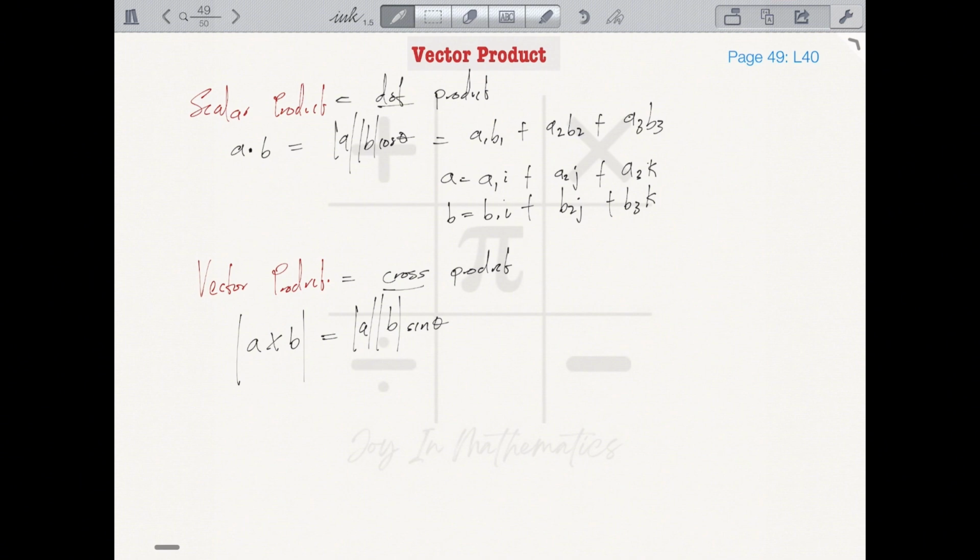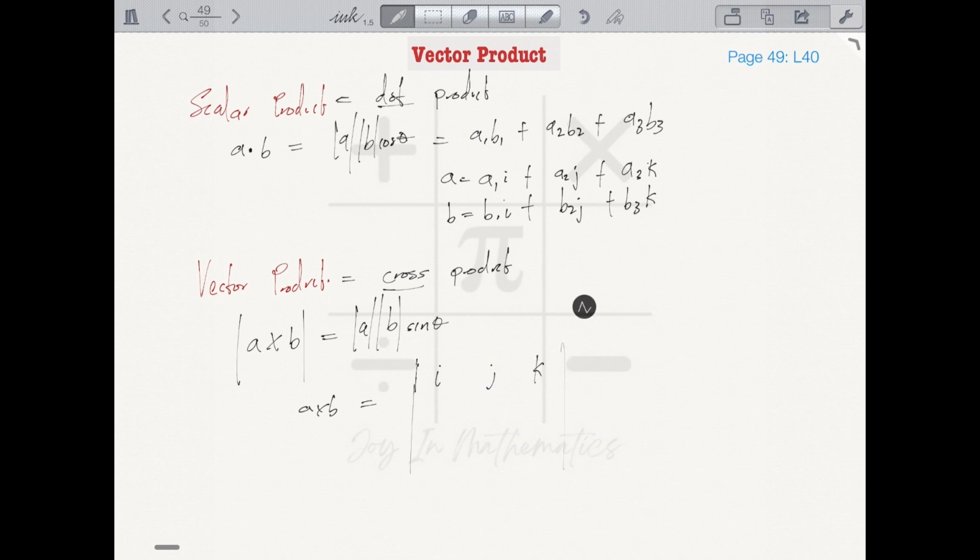Now, the vector product between A and B itself, that is A cross B, is equal to the determinant of a 3 by 3 matrix.